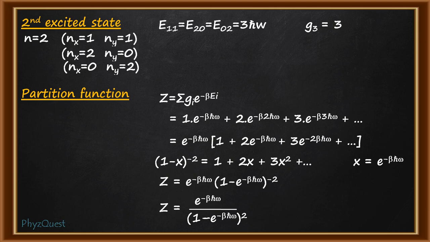Now as I told you, I will explain it in a shortcut way. So let's do that. For the shortcut way, what you need is to remember the partition function for the one-dimension harmonic oscillator.